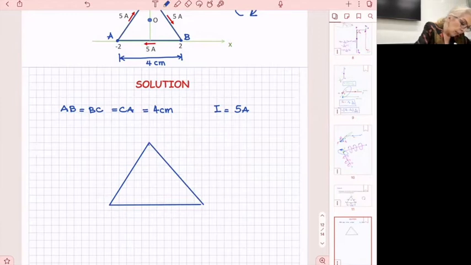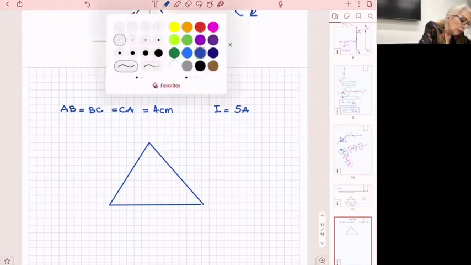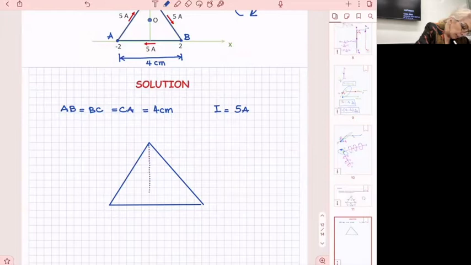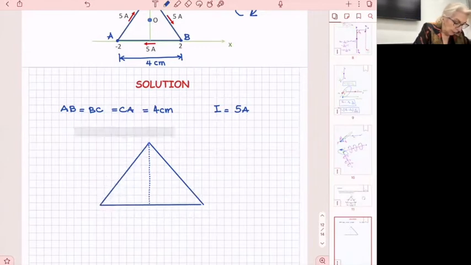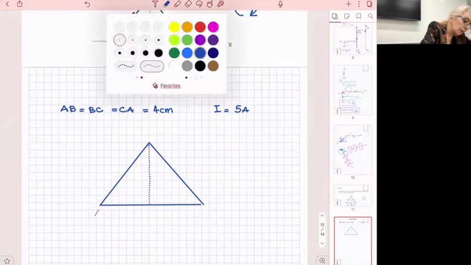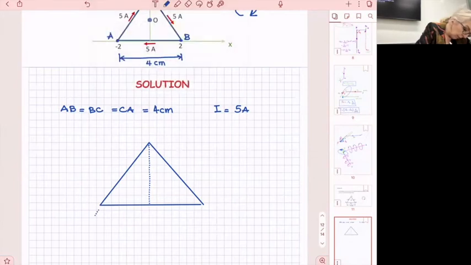When you draw this line, it will go to the center of AB, with points A, B, and C. It's not going to be exactly correct the way I'm drawing it.